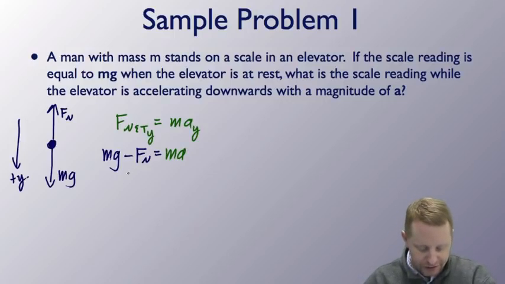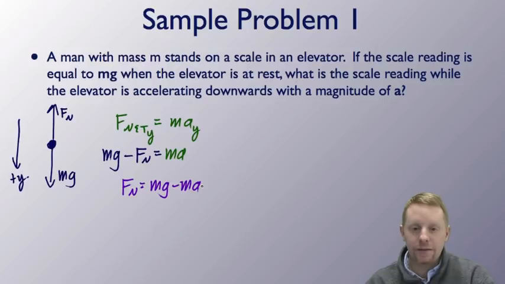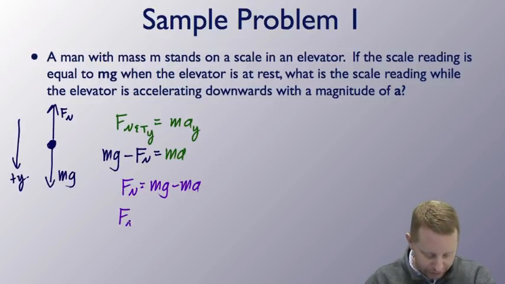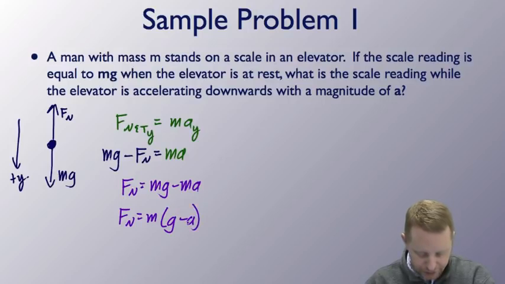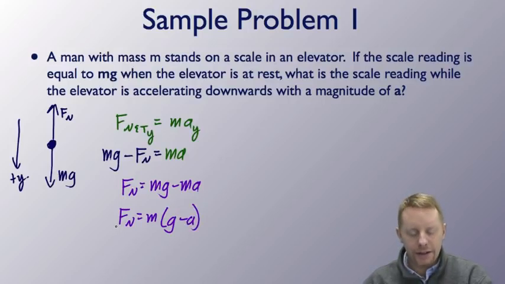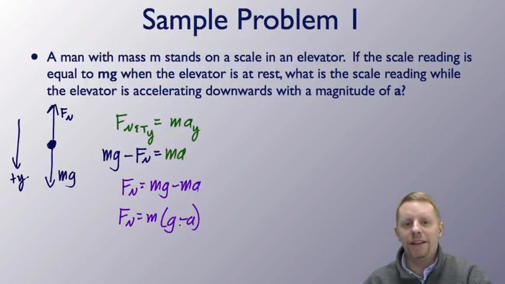So if I take this to the next step, normal force is going to be mg minus ma. Or to write it just a little bit differently, normal force is equal to mass times g minus a. So the scale is going to read the person's mass times the acceleration due to gravity minus the acceleration of the elevator.